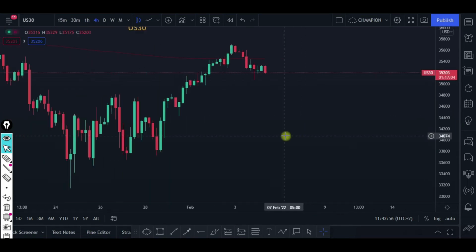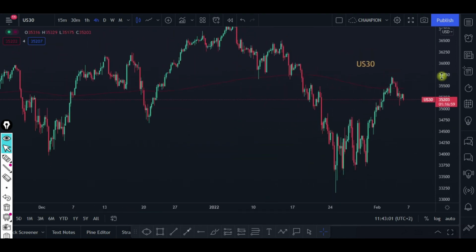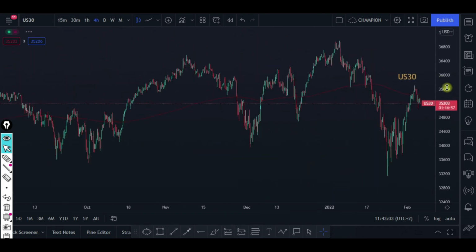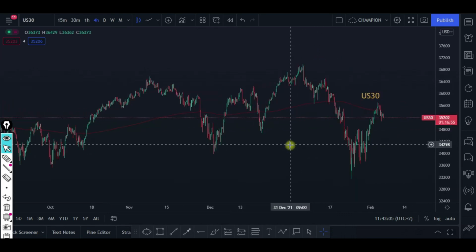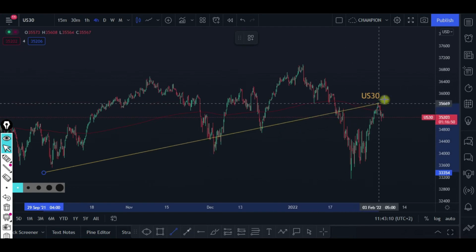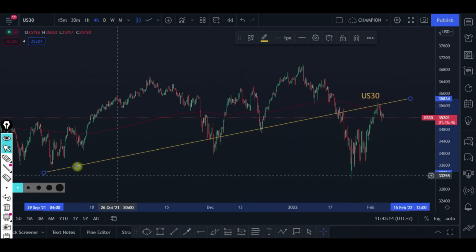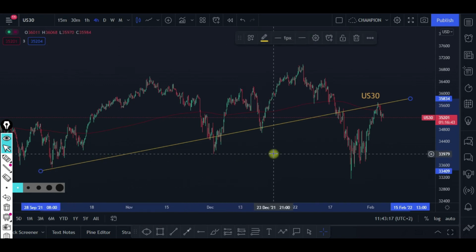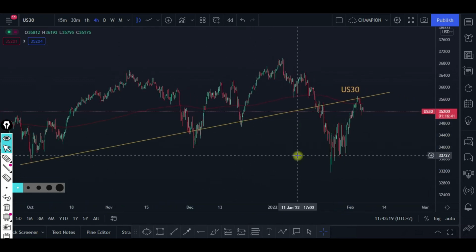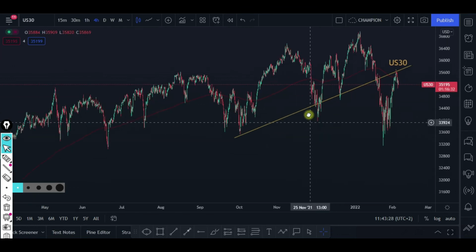Ladies and gentlemen, this is our US30. Allow me to zoom in and be able to see where the price is moving. Ladies and gentlemen, we almost have the same thing as NASDAQ. The price was on the uptrend. As you can see, this is the previous uptrend, and now what I want to show you, I don't like to cut bodies like this, man.